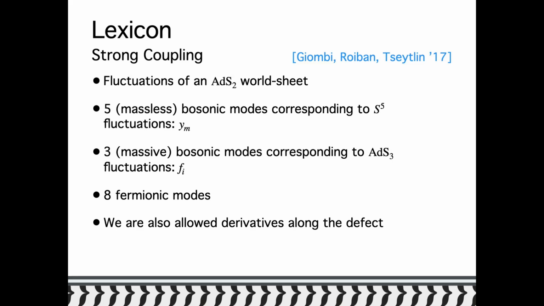The main postulate is that the expectation value of this Wilson loop should be represented by a partition function or path integral of an open string in AdS which ends at this circle. So this minimal surface is like AdS2. It's essentially a disk topologically, but it's embedded in AdS5.